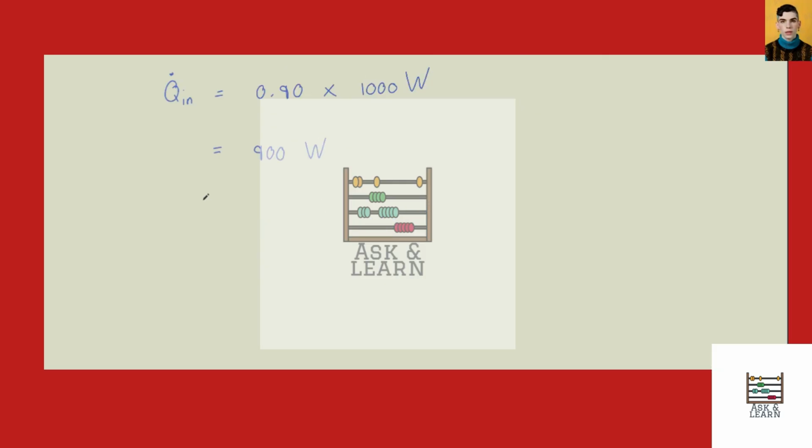Now, if we take the plate to be the system, the energy balance for this closed system can be expressed as follows. We know that the energy into the base plate minus the energy out must equal the change in internal energy of that system, delta E. So we can write this equation as Q in, since the only energy in is the heat, and this is equal to the change of the internal energy, delta U, for the plate.